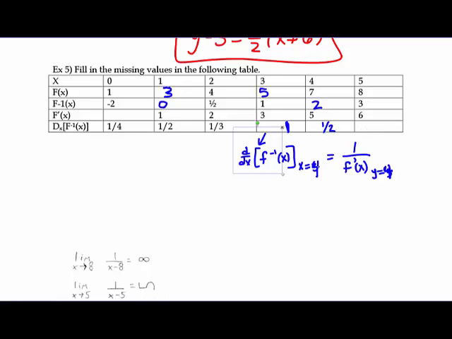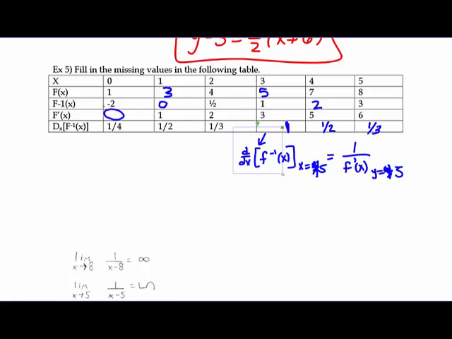So this is when x equals 5, which means I'm going to look for when y equals 5 on the original. So when does y equal 5 in the original? Right here. The slope of f prime when y equals 5 was 3, which means the slope of the inverse is 1/3.